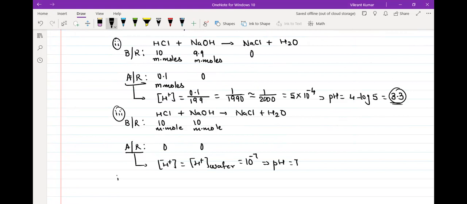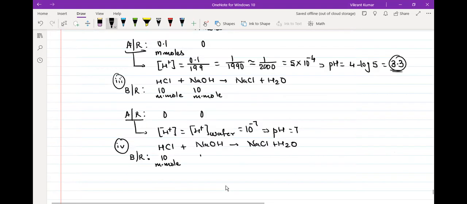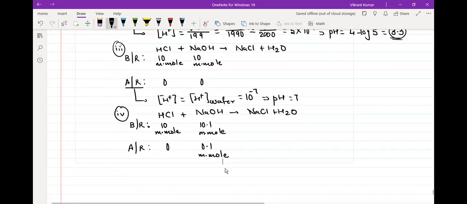Now, if I ask you just the fourth question, this time HCl plus NaOH has given you NaCl plus H2O. Now, in this case, before reaction, we have got 10 millimoles of it, but because we have added 101, दिया था या 110 दिया था? 101. So 101 will have 10.1 millimole, and that's why after reaction, last time ये HCl was 0.1 millimole बचा था जब हम लोगों ने second question solve किया था. This time this is 0.1 millimole OH minus, and total volume is again almost same.